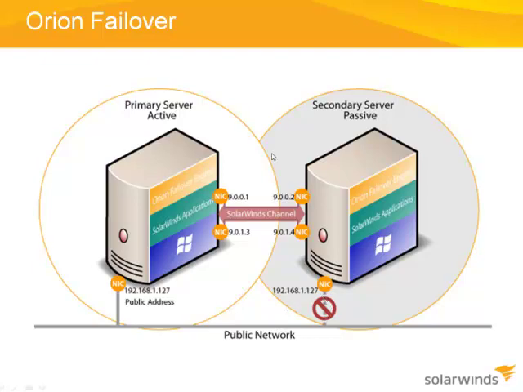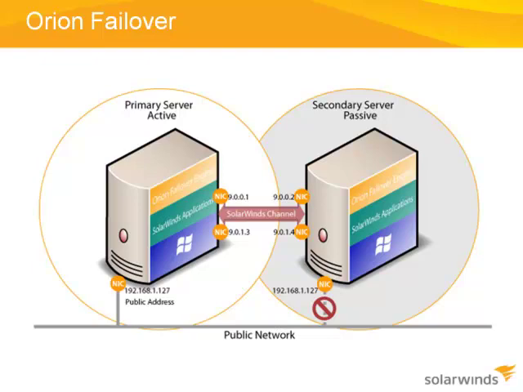In between the two servers, we have a private channel that you need to set up that will allow Orion to do real-time replication back and forth and allow it to do the heartbeat checking of what's going on with the server. Let's say, for example, we just got done talking about reports. You add a new report, and you always want that to be up to date and replicated over to the secondary without having to manually copy it.